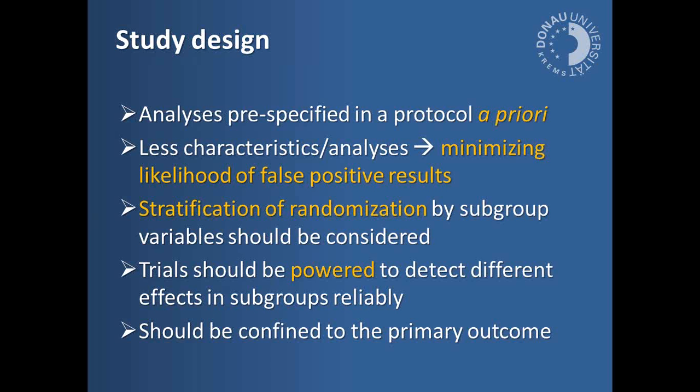So one way could be to stratify randomization by those subgroup variables. And this can also be very tricky in detail because, for example, I saw a study on muscle invasive bladder cancer where the patients were stratified according to different local treatments: radical cystectomy, radiotherapy, or both.